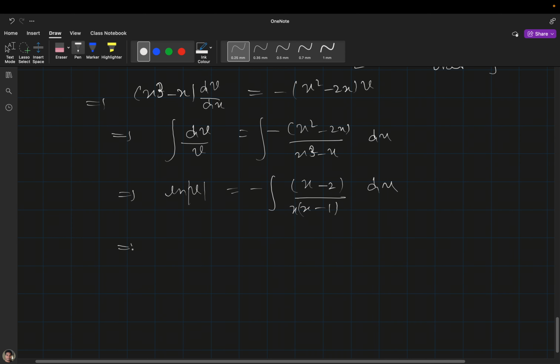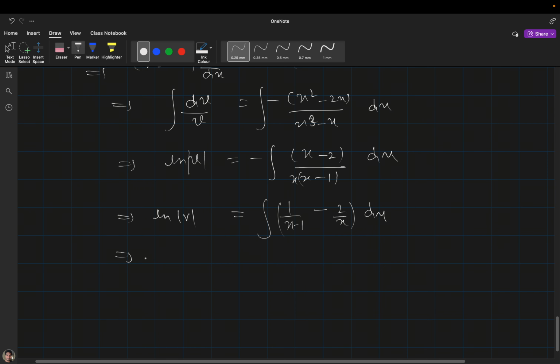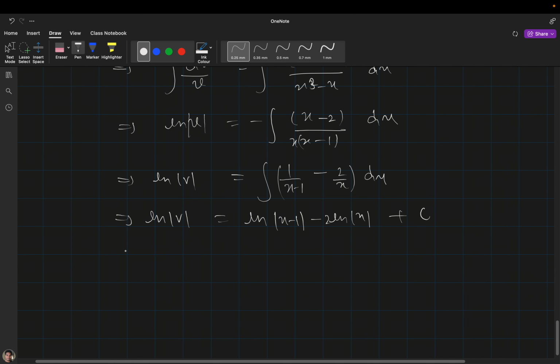Okay, then ln v equal to, if you use partial fractions, what will we get? You will get something like this: 1 divided by (x − 1) minus 2 by x, dx. Then ln |v| equal to ln |x − 1| minus 2 ln x, plus c.